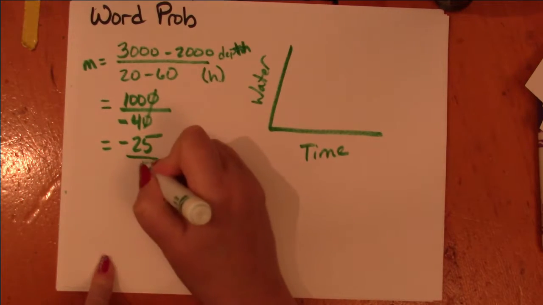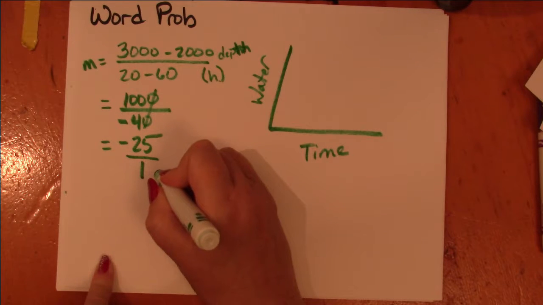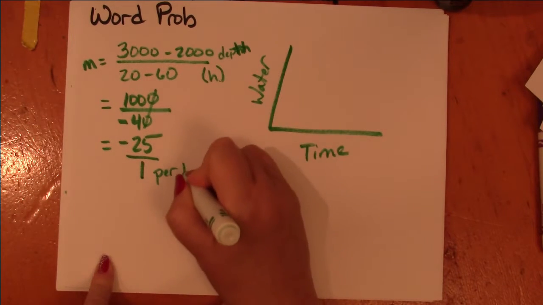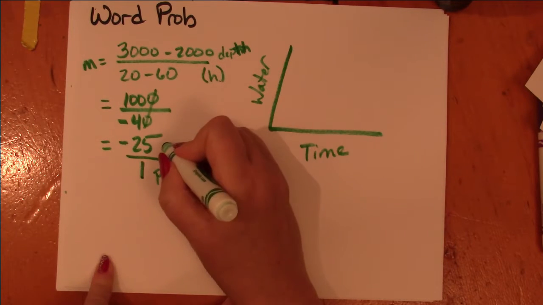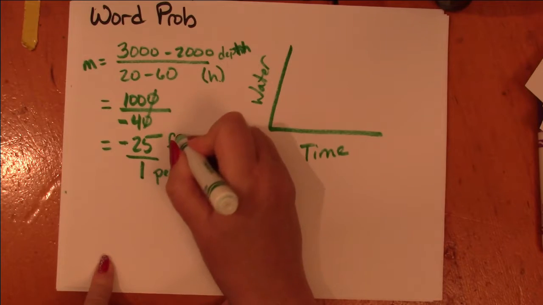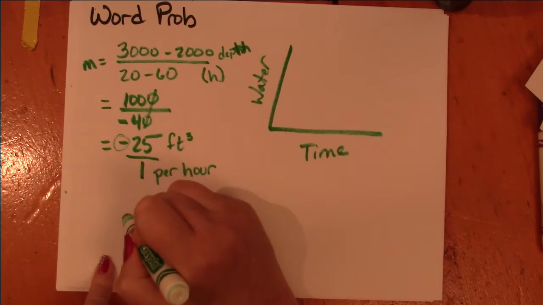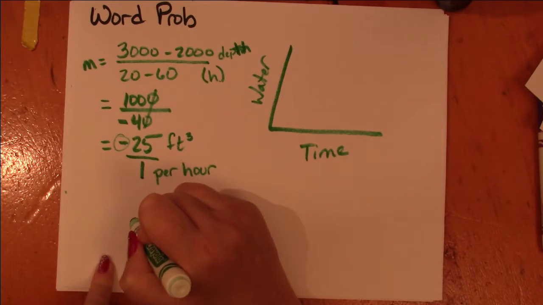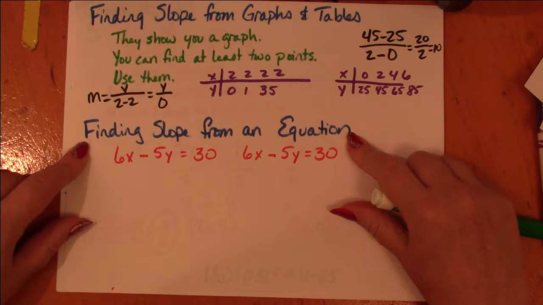So negative 25 over 1 means that this is for every hour. So this is actually per hour. The water dropped 25 cubic feet. Negative change. Make sense?